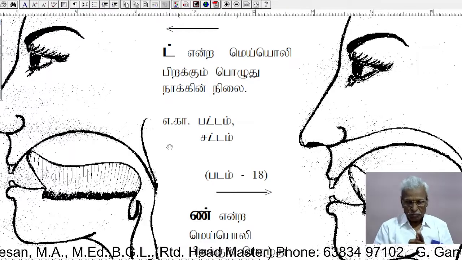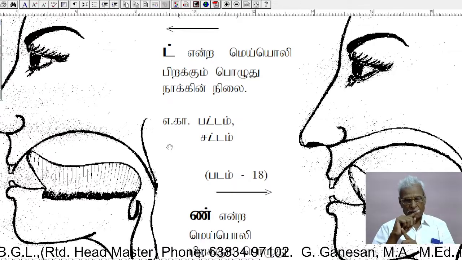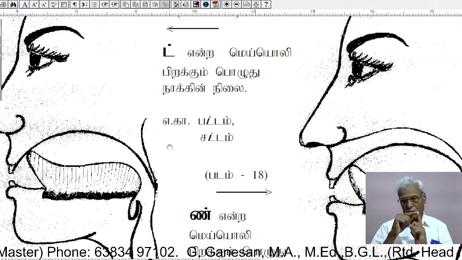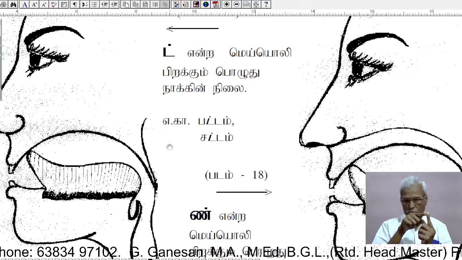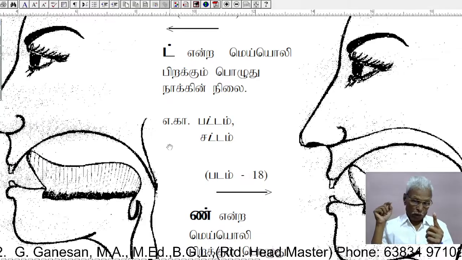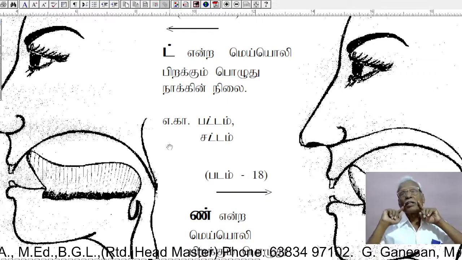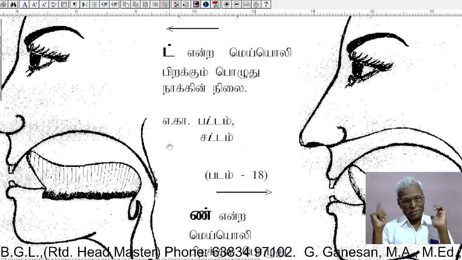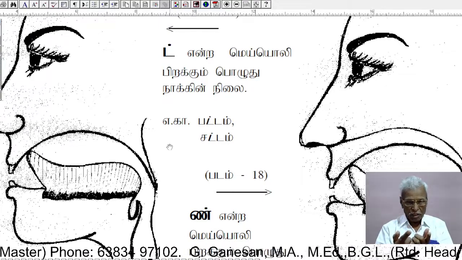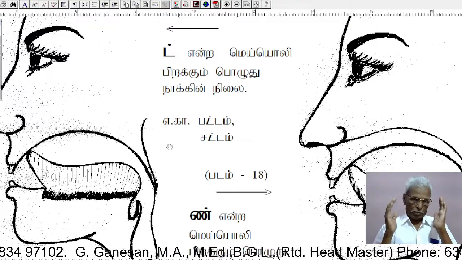That is, when the tip of the tongue is having a tight contact with the hard palate, and when the vocal cords push out, the air escapes through the sides of the tongue, making the sound.